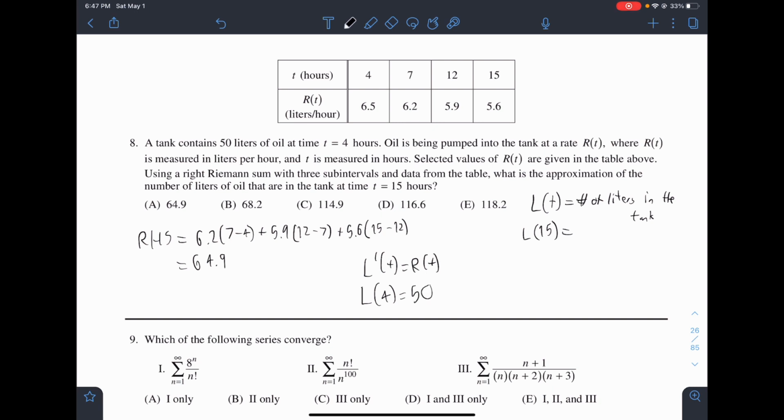So we can set up a start plus change problem. Final equals start plus change. So L of 15 equals L of 4 plus the integral from 4 to 15 of L prime of t dt.